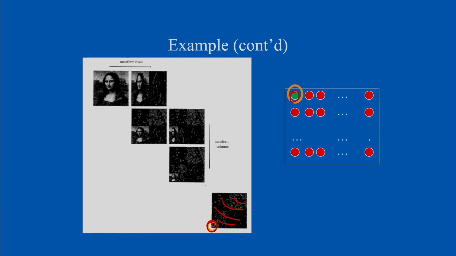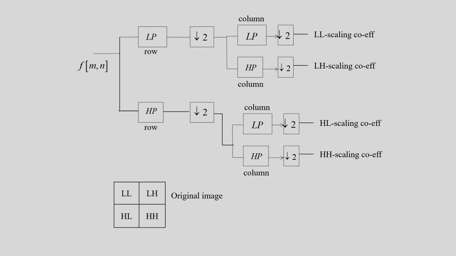So I have two decomposition techniques. One is the standard decomposition technique, another one is the non-standard decomposition technique. This concept I am showing here. Fn is the input image, the two-dimensional signal, and I am considering the low pass filter and the high pass filter to get the average value and the detail value.